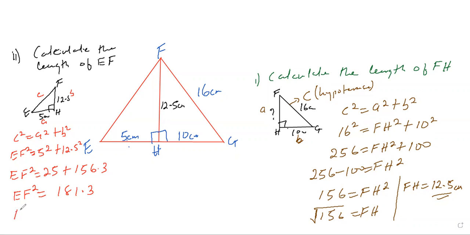So EF is the square root of 181.3, right? Work it out, what do we get? 13.5. 13.5 centimeter.